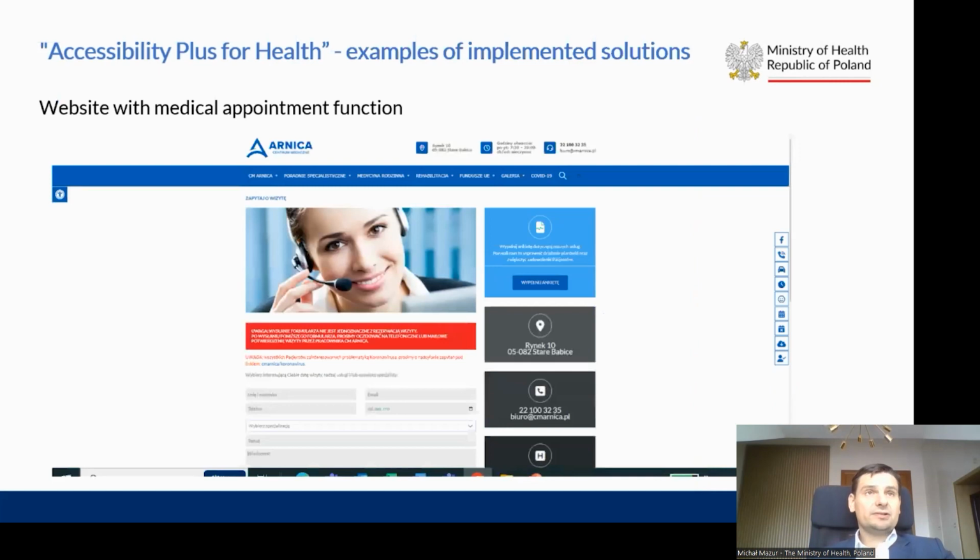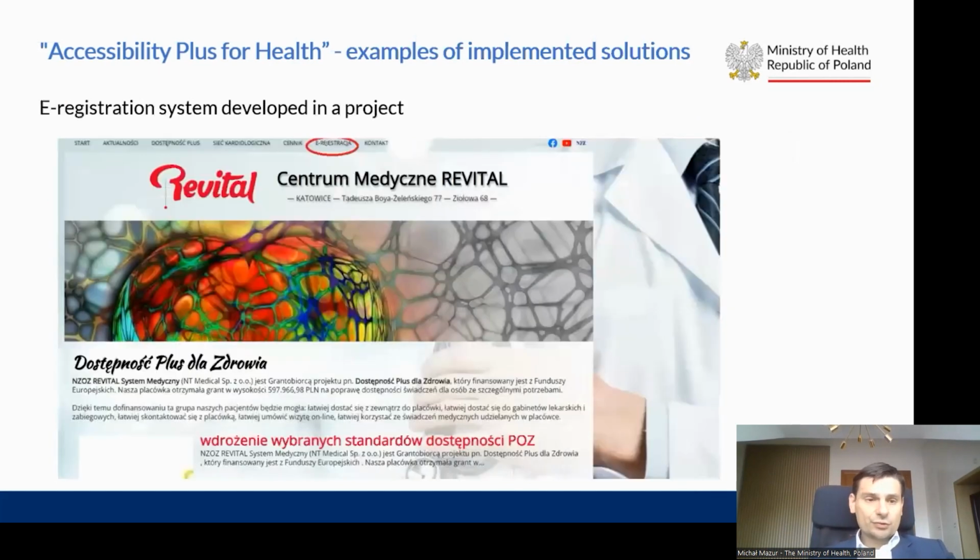And the second example is a website with a medical appointment function. The third one is a registration system developed in the project.